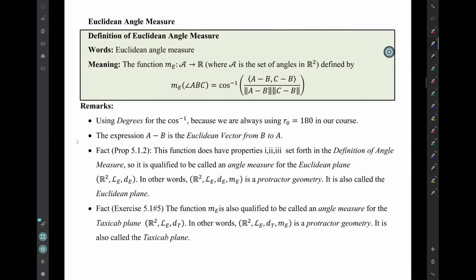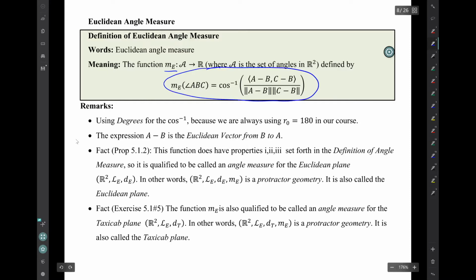Now I'm going to discuss Euclidean angle measure. Those words, Euclidean angle measure, mean this: a function denoted m subscript e with domain the set script A, where script A is the set of angles in R2, and range the set of real numbers. That function m subscript e is defined by the following formula.